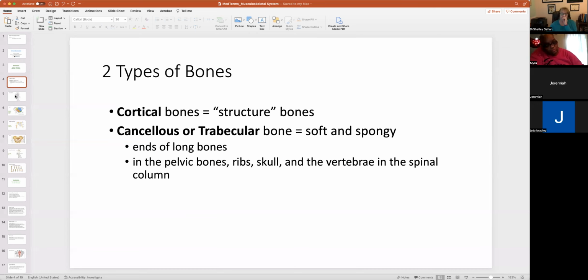Now remember, no matter what you're going to be when you grow up, you need to understand these terms because this is the language of healthcare. I was just talking to somebody who was sharing with me their experience at the physician's office, and that particular physician was not very good at speaking in regular people talk, lay terms.